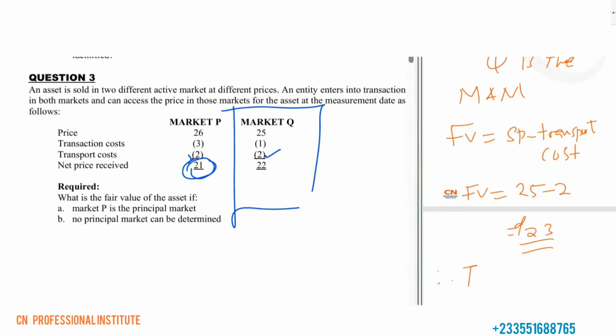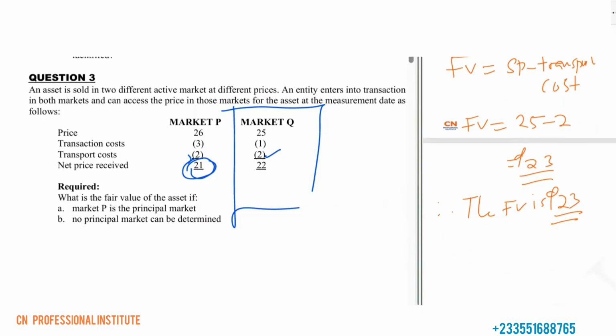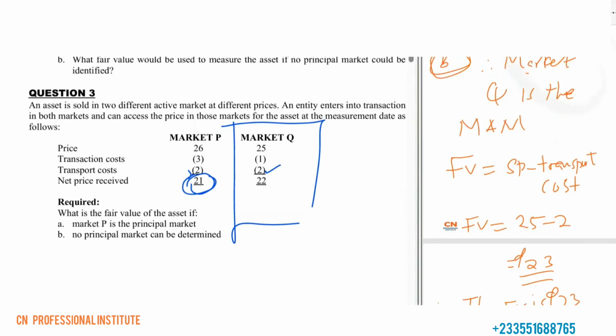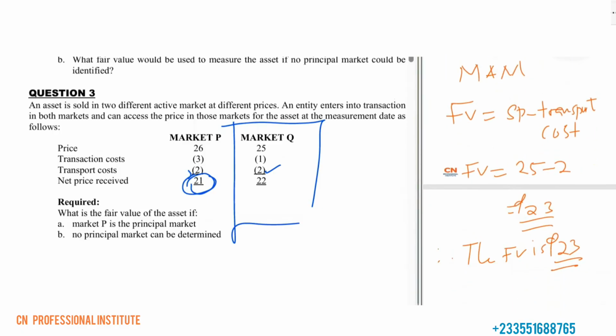So therefore, the fair value is 23 Ghana cedis. So can you see how different information can impact the fair value computation? Yes, if you compute the fair value from the principal market, you will not get the same answer if you compute the fair value from the most advantageous market. All right, so the standard says we should always use the principal. If there's no principal, then we can use the most advantageous market.